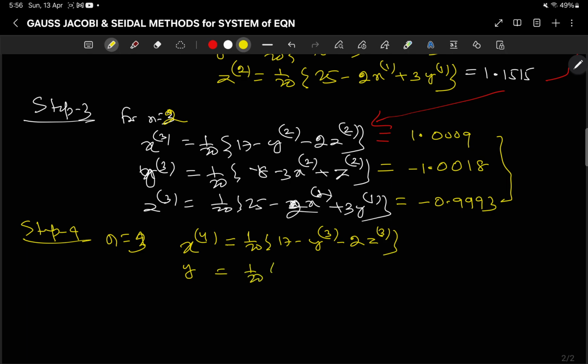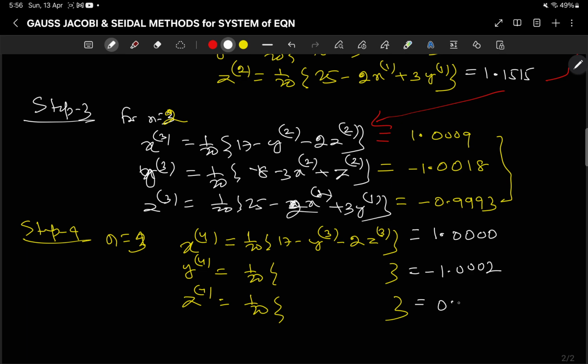Likewise you find your y, likewise you find here z, and if you simplify it, this will give you 1.0000, and it is here minus 1.0002, it is here 0.9996. You see, now these 2 consecutive steps, right, almost approaching.